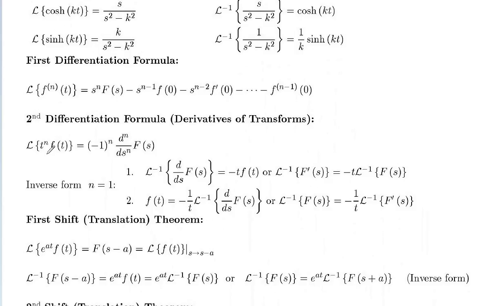For the second, you've got a power of t times a function, and you end up taking derivatives and sign changes equal to the power. We've got t to the first, so it's negative 1 and 1 derivative of our capital F of s, which is the Laplace transform of little f of t.